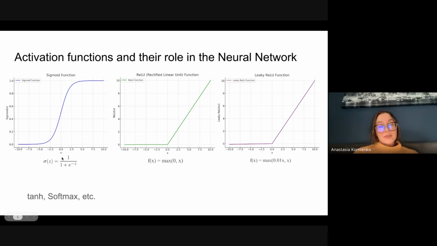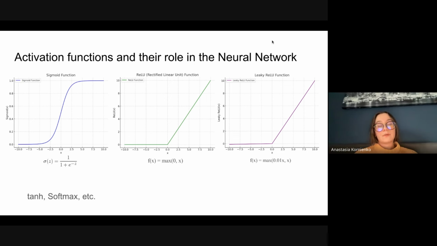There are some examples of commonly used activation functions: the sigmoid function, the rectified linear unit function, the leaky ReLU function. There are also many others like tanh, softmax, etc. They have their own purposes. I will tell you a bit later about each of them.